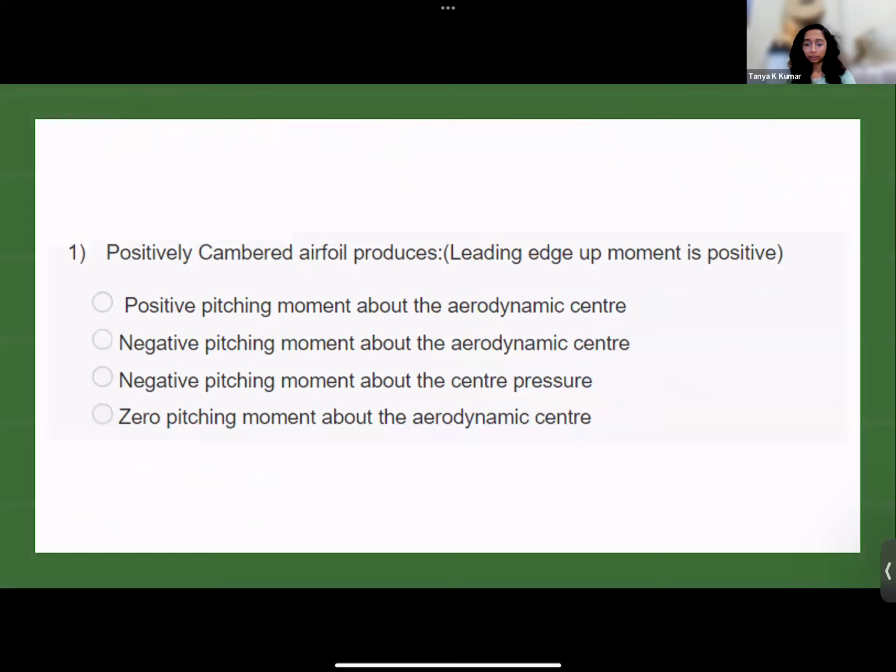Positively cambered airfoil produces... We've done this quite a lot of times. What is the right answer? We discussed this even in the beginning of this session.